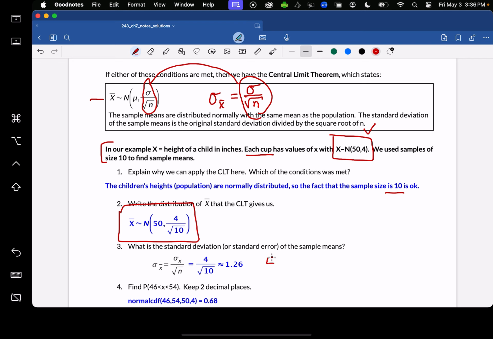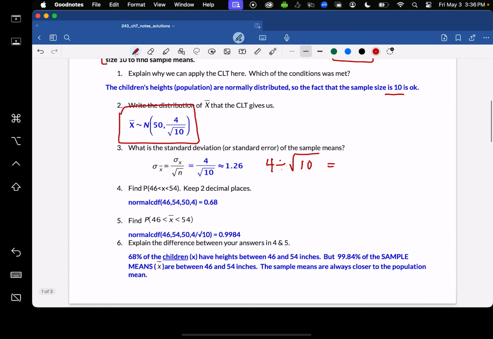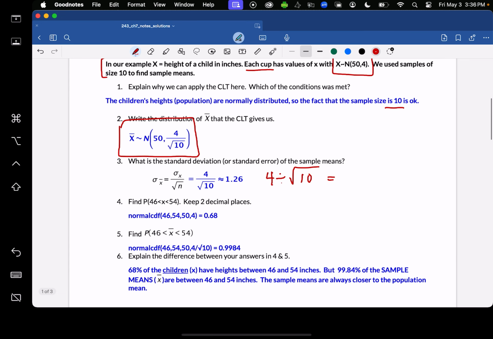And then, what is the probability that X is between 46 and 54? I purposely set that up to be exactly 1 standard deviation below the mean and 1 standard deviation above the mean.